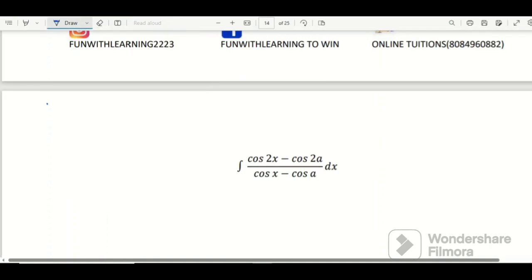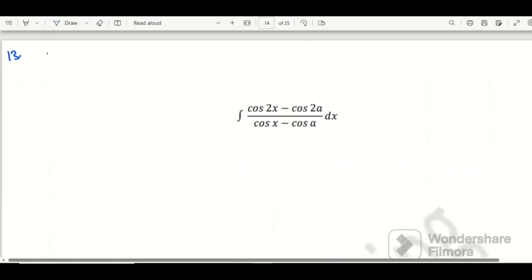This is our 13th number. Here we'll be using the trigonometric identity 1 plus cos 2 theta equal to 2 cos square theta. So cos 2 theta will be 2 cos square theta minus 1.